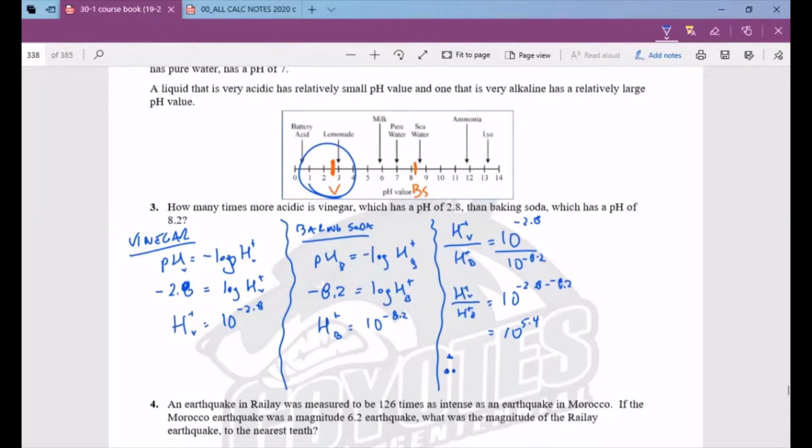Then convert that into our numerical answer and conclude that therefore vinegar is 251,189 times as acidic as baking soda.